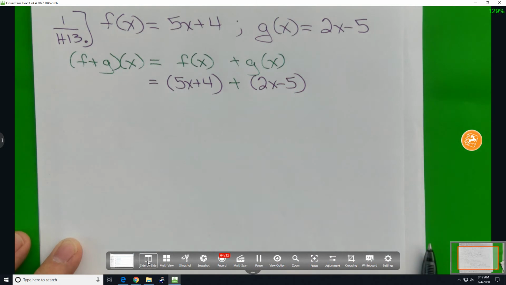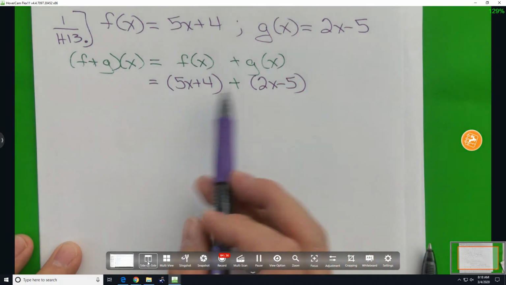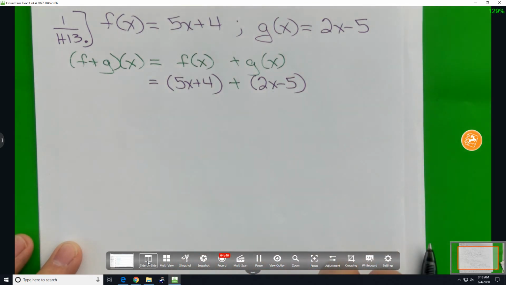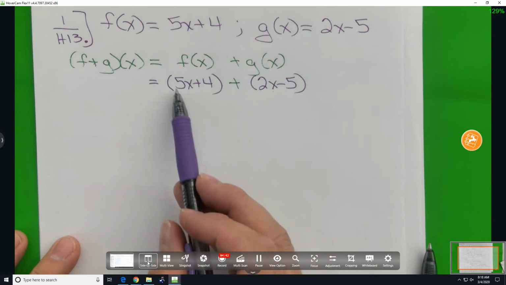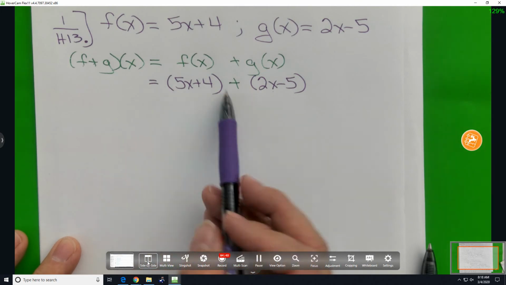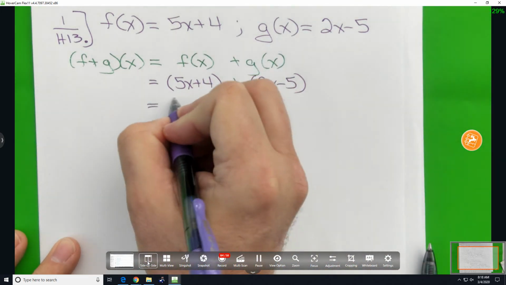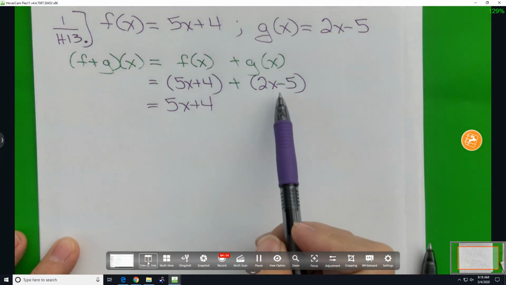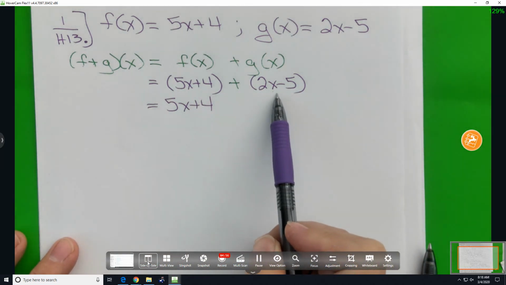Before we started class today, if I'd given you binomial plus binomial, you would have known what to do here. I have parentheses here. There's nothing in front to distribute. That's just an unnecessary set. You can just drop those first parentheses. That's just 5x plus 4. Then we have that second set of parentheses.